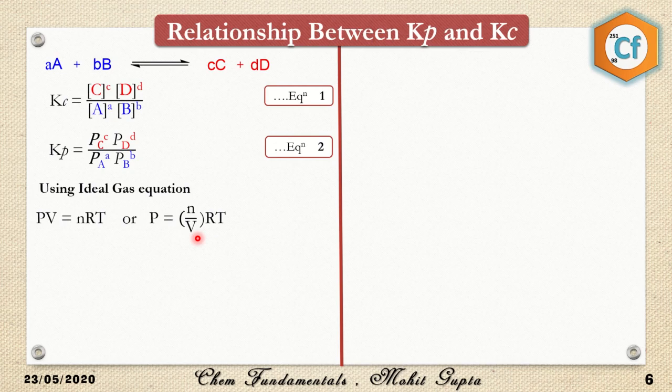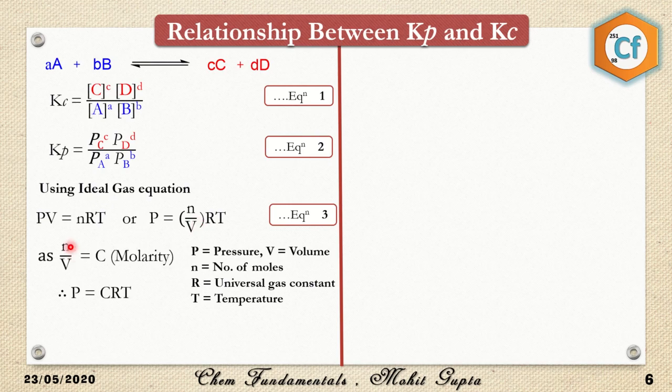If you remember the formula of molarity, it was the number of moles of solute divided by the volume of solution. So n by V can be replaced with the concentration, molarity, C.